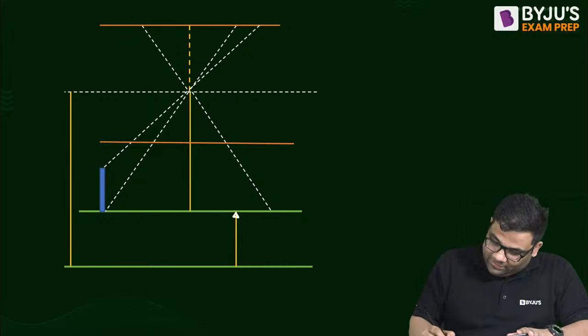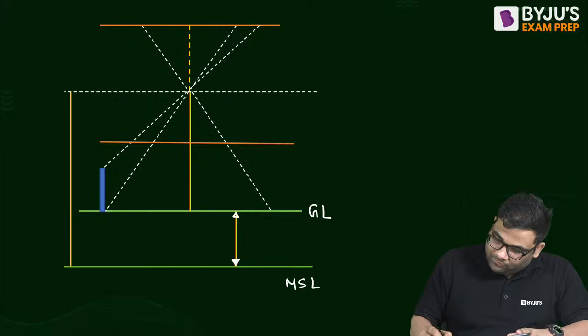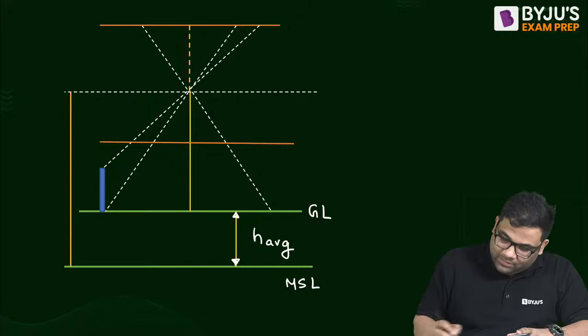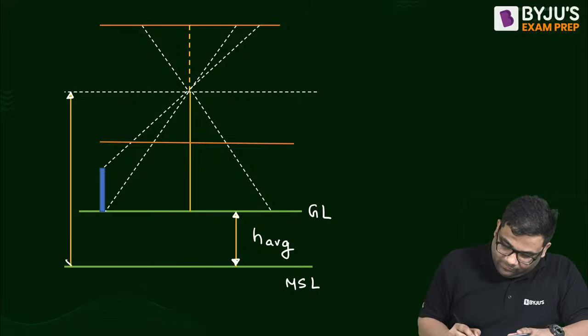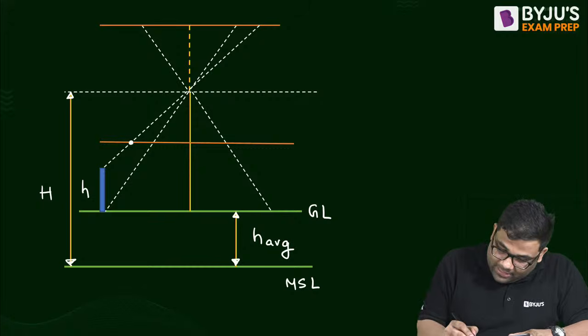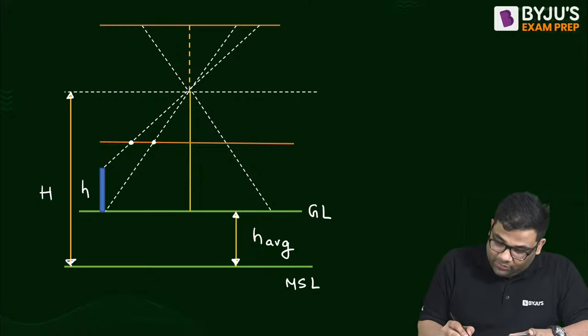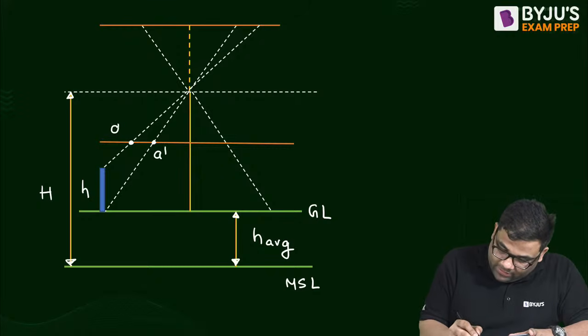Okay, so everything is clear now. This is your ground level, MSL, H average. This is your flying height. This is the height of the tower. And this is your A dash, and this is your D dash.